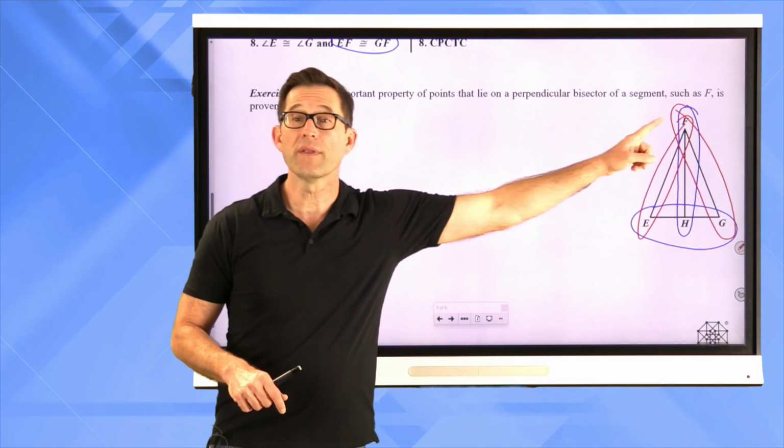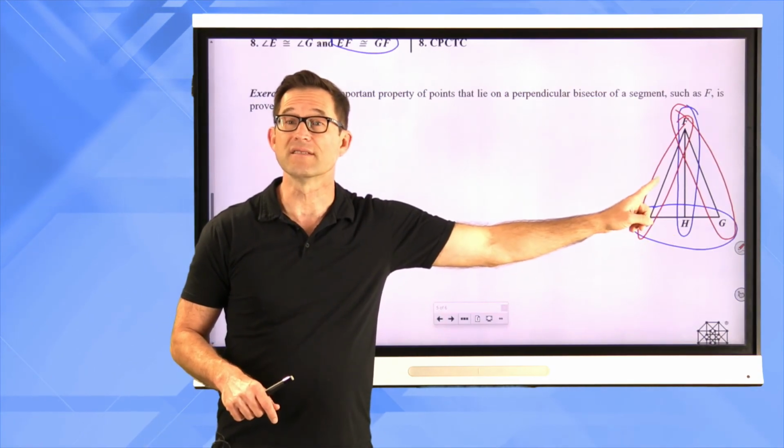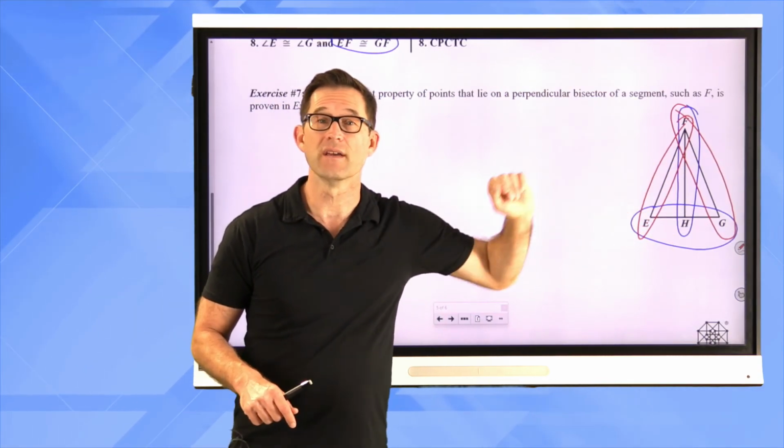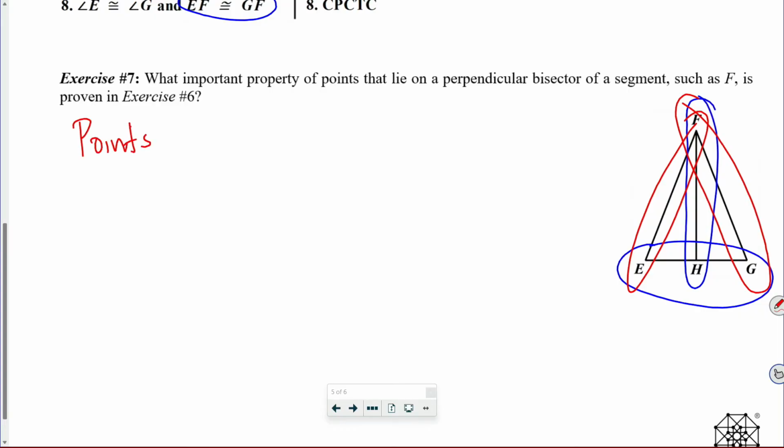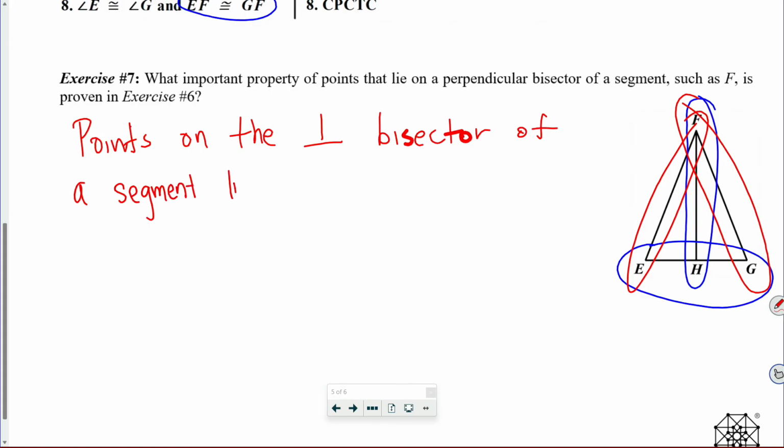Well, F is a point that lies on the perpendicular bisector, and it's the same distance from E as it is from G. So what we just proved were that points on the perpendicular bisector of a segment lie equidistant from its endpoints.